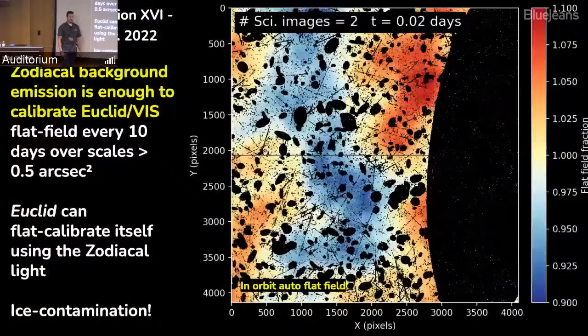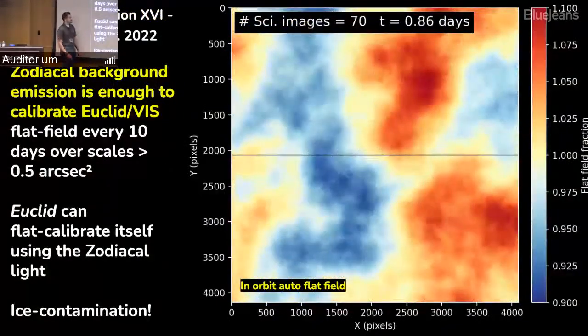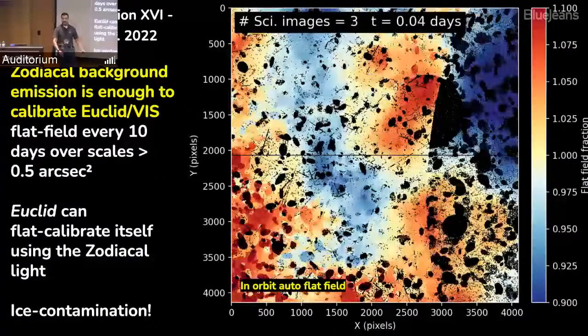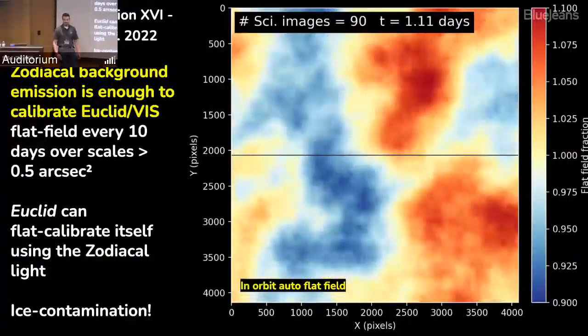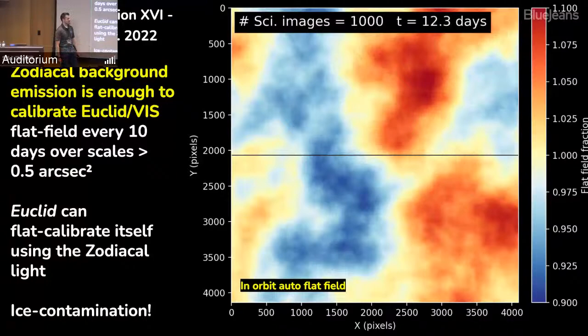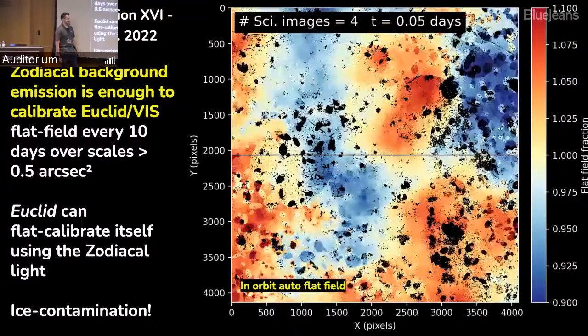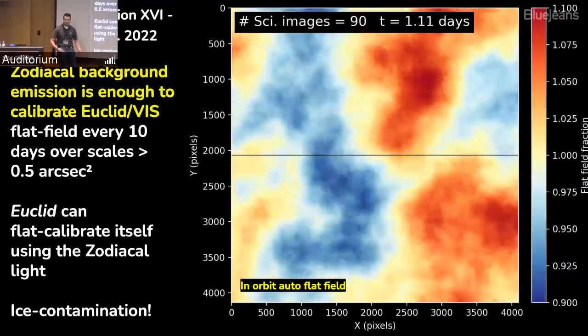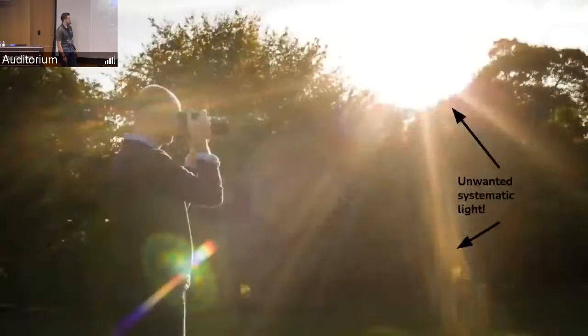This is called sky flat filling, and we demonstrated that it works using the zodiacal light as the background to retrieve the flat field from the image, without using internal calibration units. For the large scales, we can introduce gradients, but that's only one part.